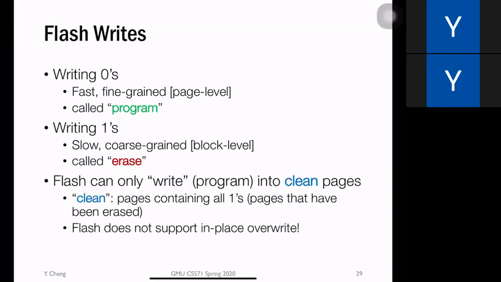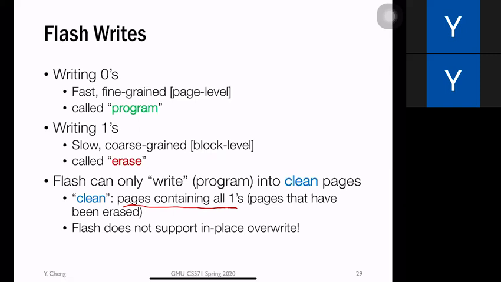The third bullet shows that flash can only write, or program, into clean pages. By clean, I mean the page contains all ones. If the page contains all ones instead of some random zeros, it has been erased. It starts off in a new fresh state and can accept new write operations.